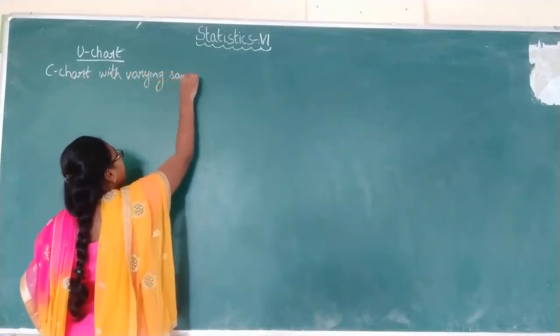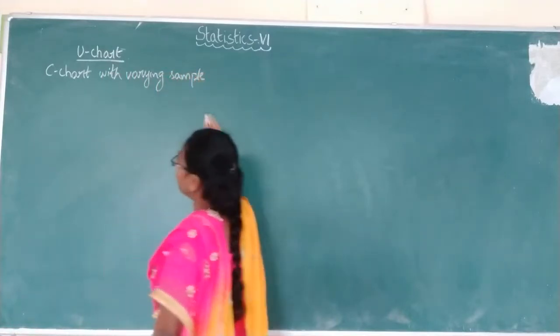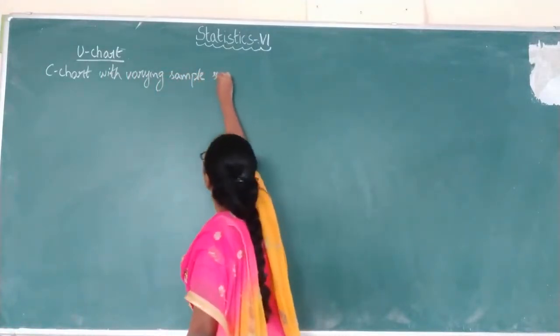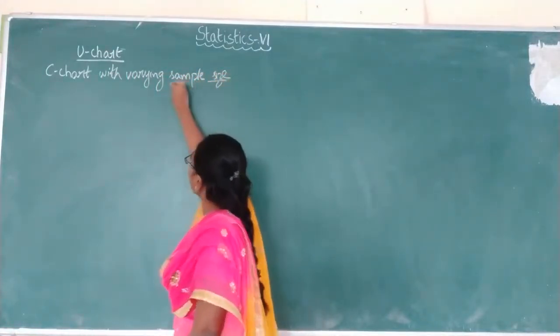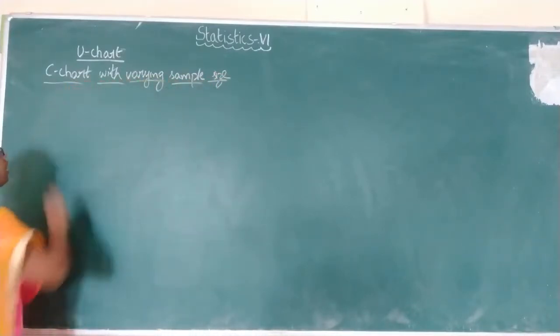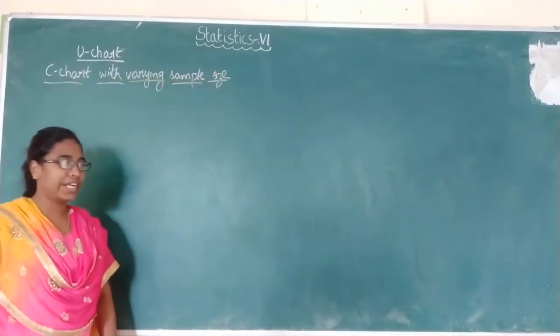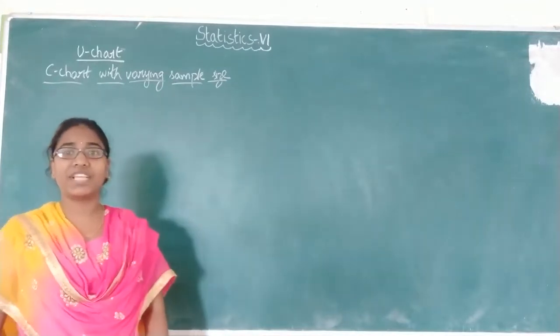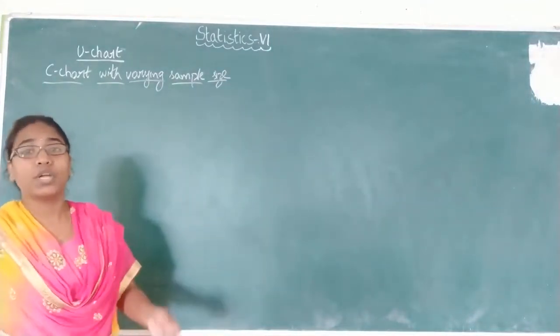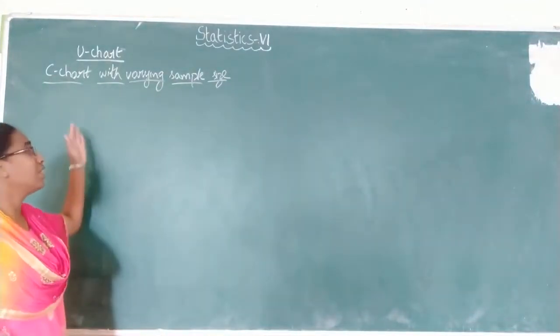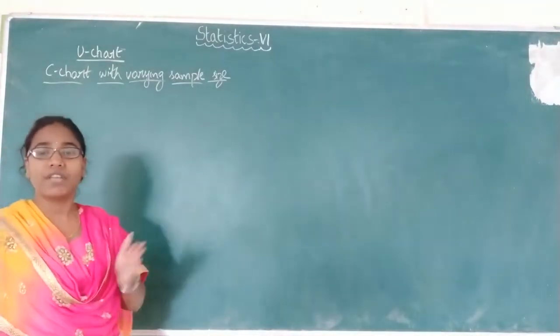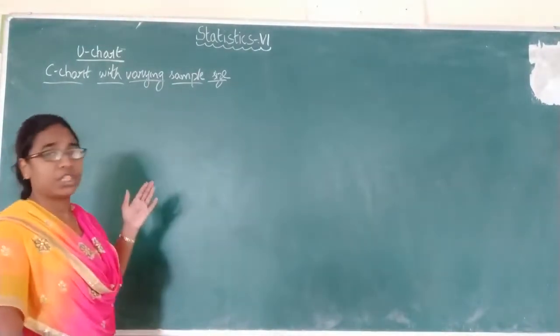Either they mention the C chart with varying sample size or the U chart, it is the same, so don't get confused between the names. Only the C chart indicates the number of defects with a fixed sample size. If there are number of defects with different sample sizes, then we use the U chart.